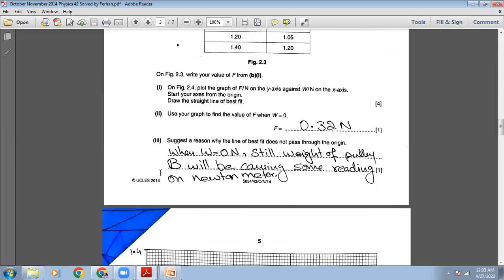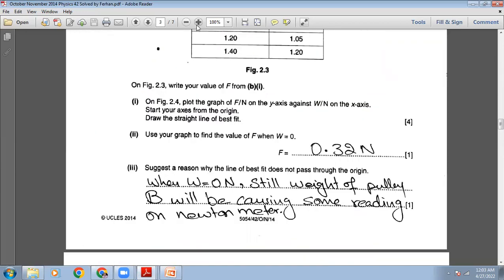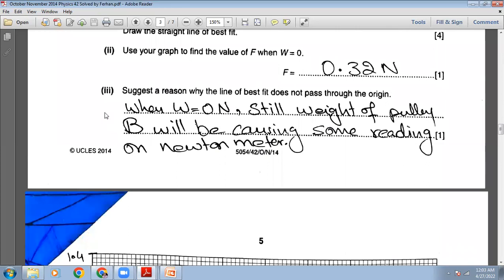That's the reason. So my answer is, when W is 0 Newton, still the weight of the pulley B will be causing some reading on the Newton meter.